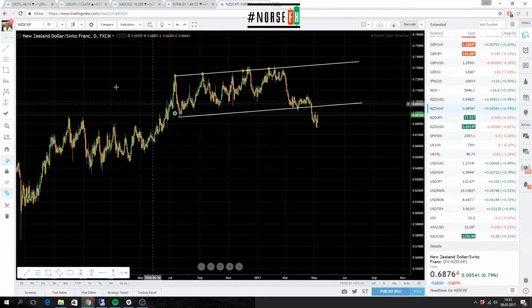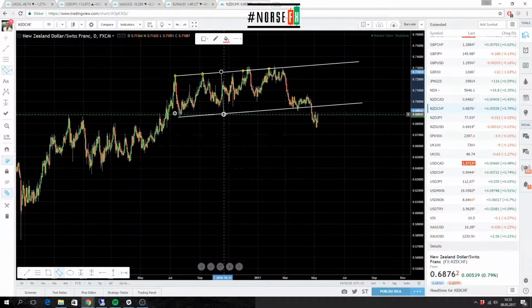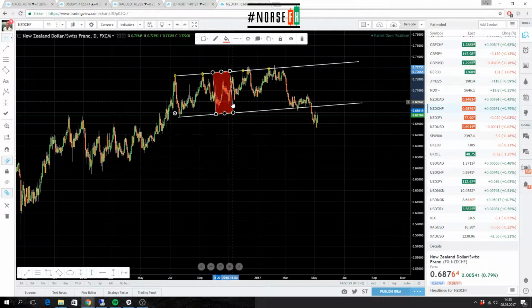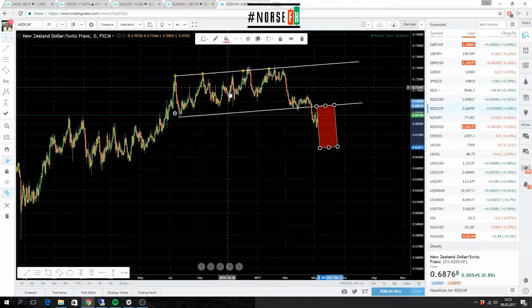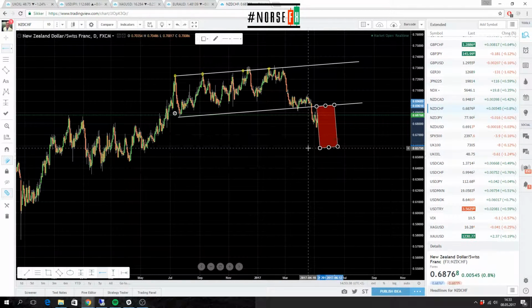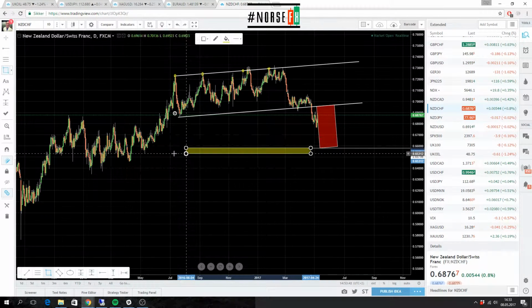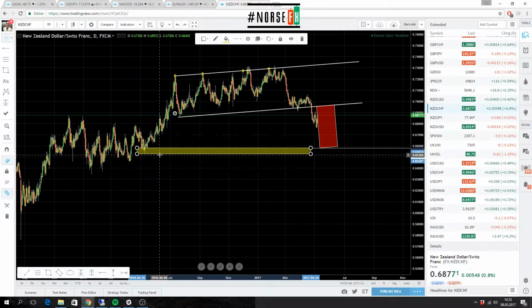And for targets for this, as you probably know, you can use the harmonic target from the channel itself. So when a retest happens, just clone the inside of this channel, use that as the target for this trade. That lines up very well with previous support down here.